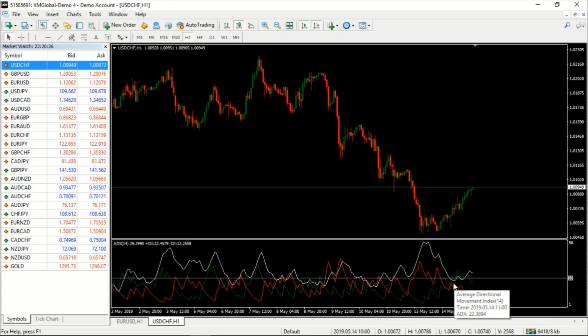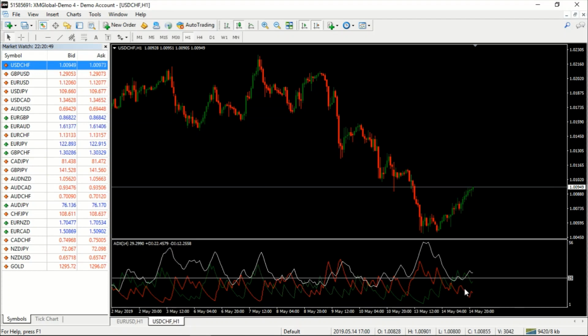So as you can see here, the green and the red line has crossed over each other. For this D plus line or plus DI line, I colored it green, so you can actually see that this is a line that represents whether the market is forming an uptrend, and the other one is red, which shows a downtrend.